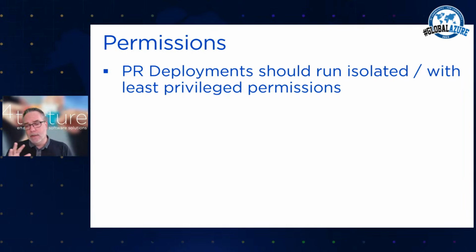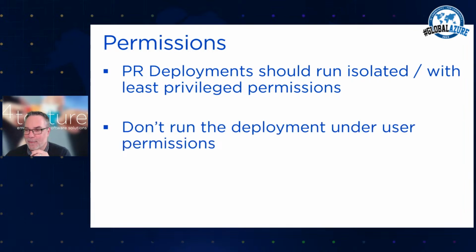There might be a single service principal to actually do the deployment of those PR environments, but in the end, it should have least privileged permissions. So don't just open everything up if it's just a PR deployment.